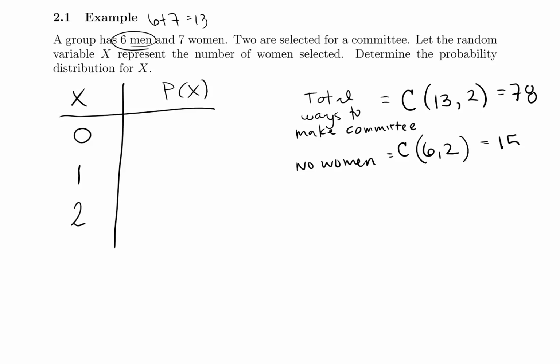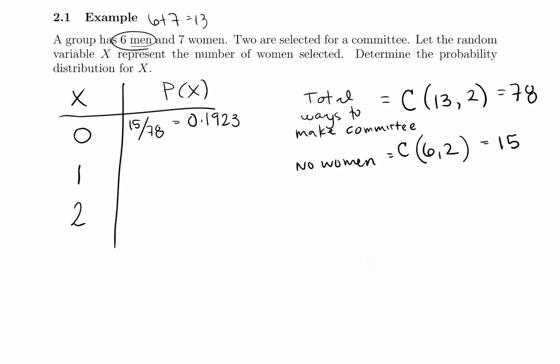And there are 15 possible ways that we could do that. So then the probability of making a committee with no women is going to be 15 out of 78. And you can leave your probability as a fraction, or you could rewrite it as a decimal, 0.1923.